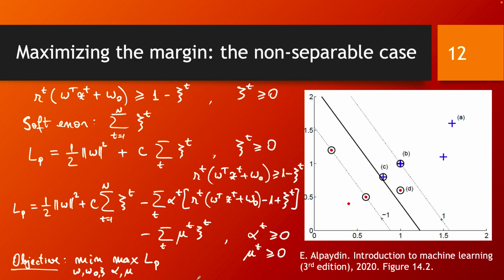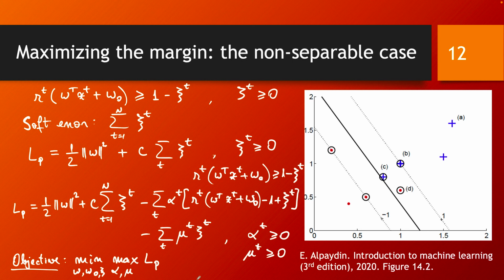And again, in here, because these are so well-behaved functions, we can apply Slater's condition, and that's going to allow us to, again, conclude that, in fact, these two optimization objectives can be commuted. And so we are going to end up with the problem where we first minimize by W and W0, and only then we maximize by alpha and mu.